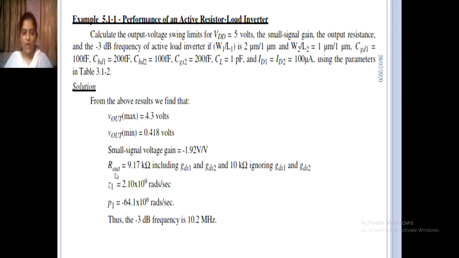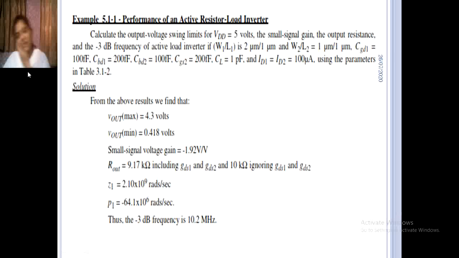Calculate the output voltage swing limits for VDD equal to 5 volts, the small signal gain, the output resistance, and the minus 3 dB frequency of the active load inverter if the width by length ratio is 2 micrometer per length, and W2 divided by L2 is 1 micrometer divided by 1 micrometer.